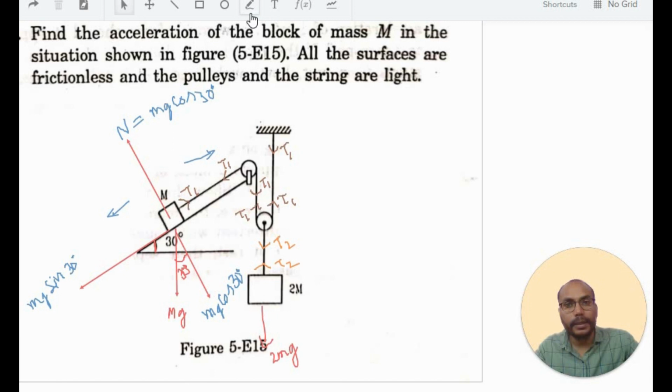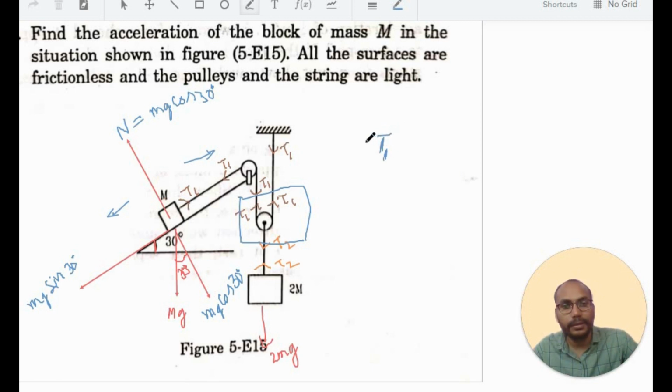Now see the hanging pulley. Here we have two tensional forces in the upward direction and one tensional force in the downward direction. Since the pulley is massless, we can write an equation along the upward direction.